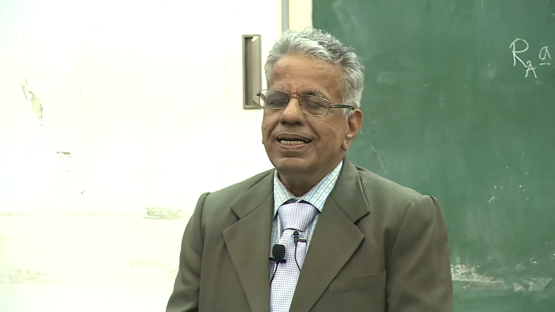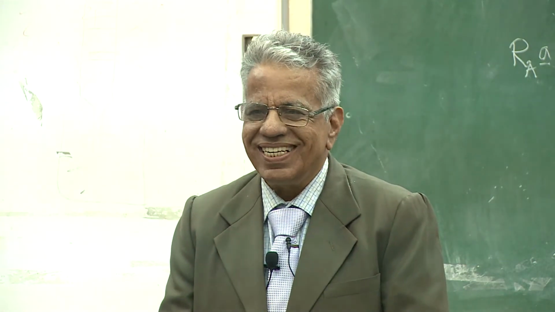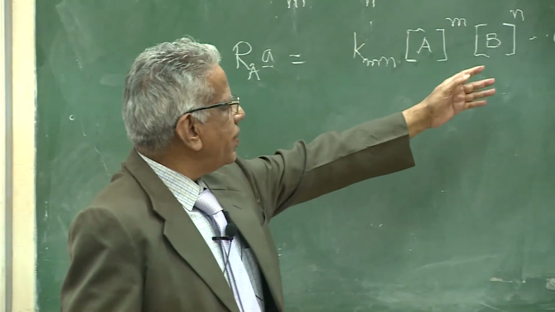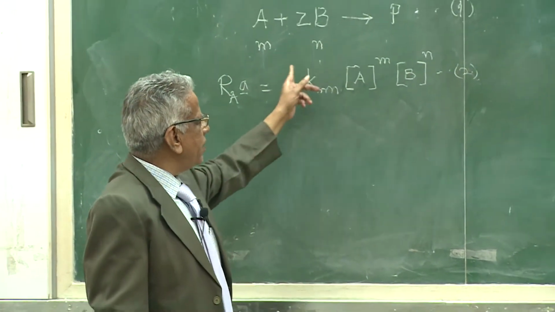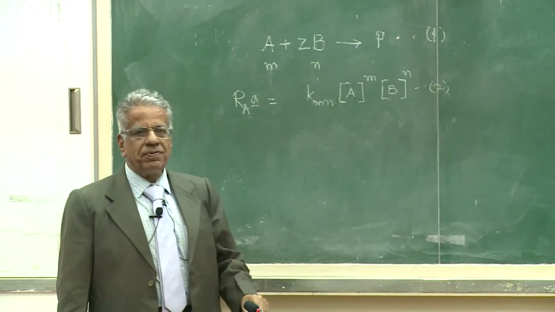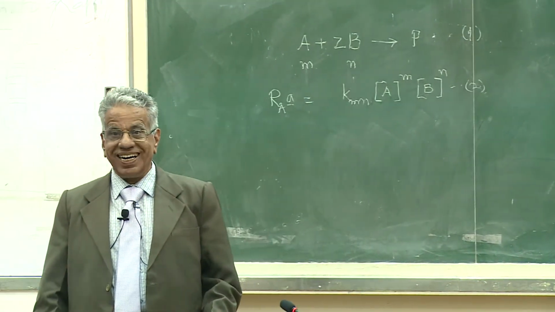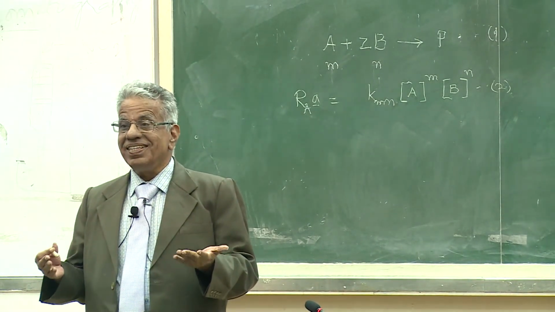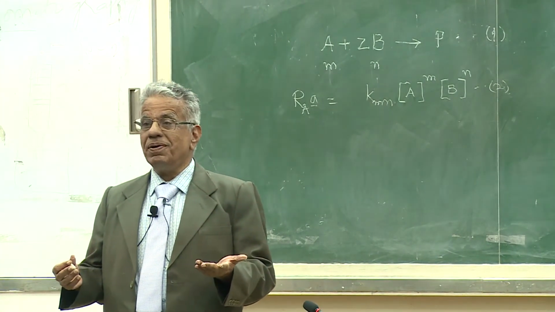However, the reaction occurs in the liquid phase. So, k_mn times A raised to m B raised to n, if this overall reaction rate is expressed in the form of kilomoles per meter cube second, which is happening in the liquid phase, this is per unit volume of liquid phase.